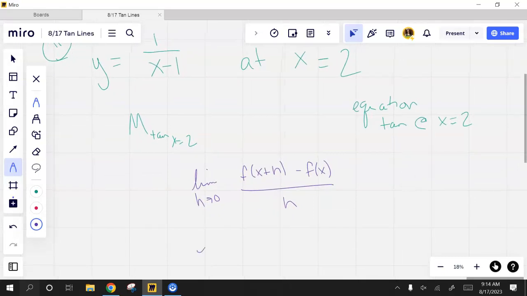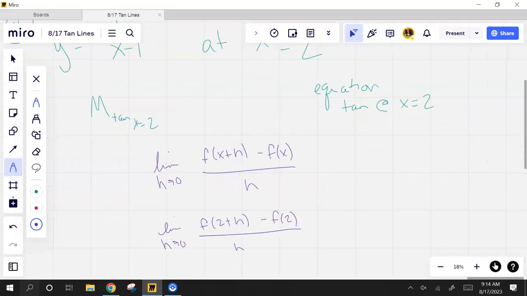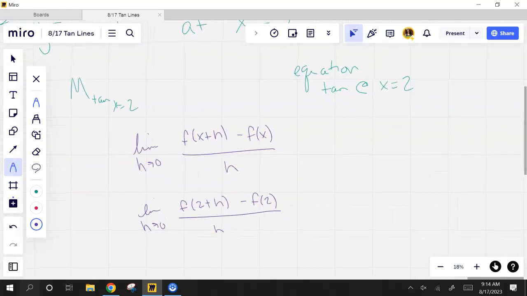So I'm going to do the limit as h approaches 0 of f of 2 plus h minus f of 2 over h. Sometimes I find it convenient to come off to the side and work out my f of 2 plus h or my f of 2 so that I don't get lost in my problem. But however you want to do it is fine.